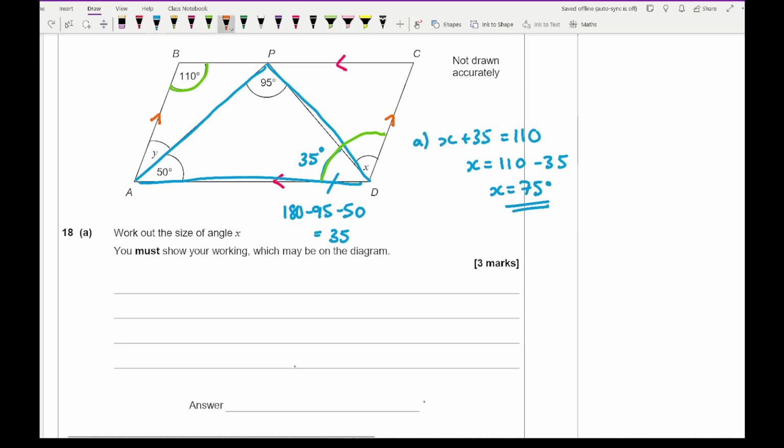Then for part B, to work out y, if I just label what I now know, this is 35 and this angle here is 75.